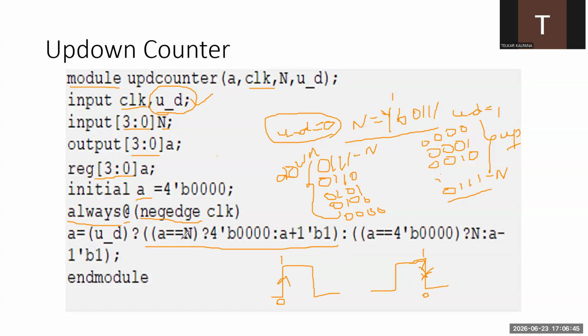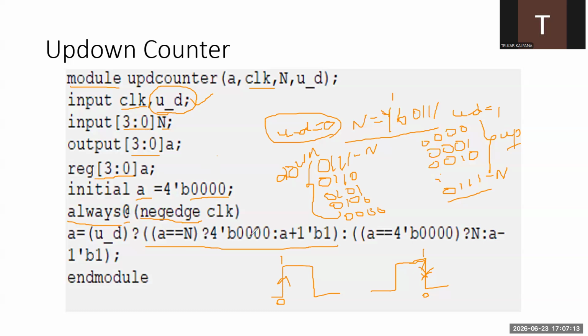Before the question mark is the condition that A equals N. A was taken as 4-bit of 4 zeros and the N value is already defined in the test bench as 0 followed by 3 ones. So are these two equal? No. Since these two are not equal, then what happens?